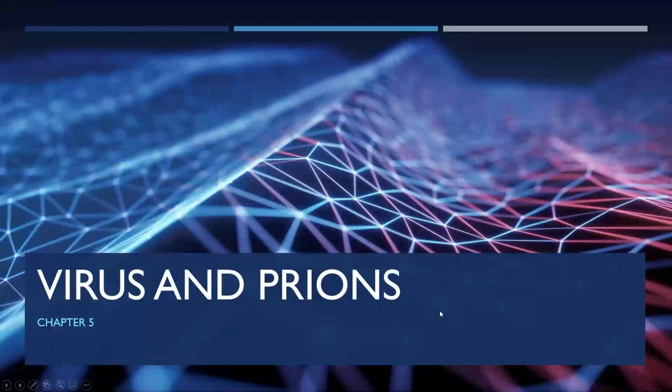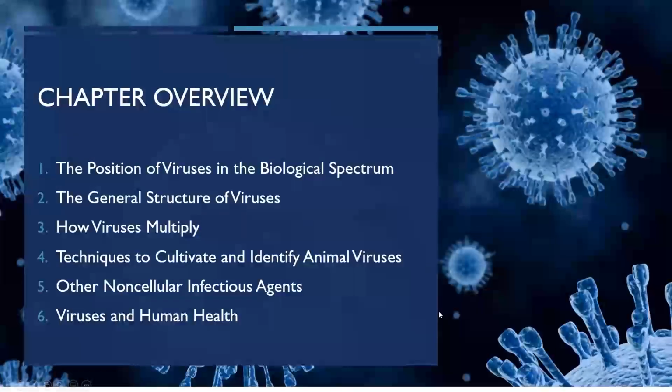In this chapter, we will be covering where they fit into the biological spectrum, the general structure that you would expect to find in viruses, how viruses are able to multiply and infect their hosts, as well as different techniques for cultivating viruses so that we can study them, use microscopy, and different methods to count and identify them.